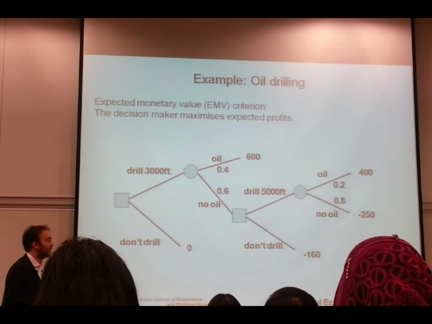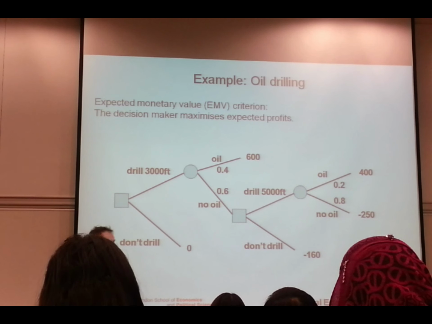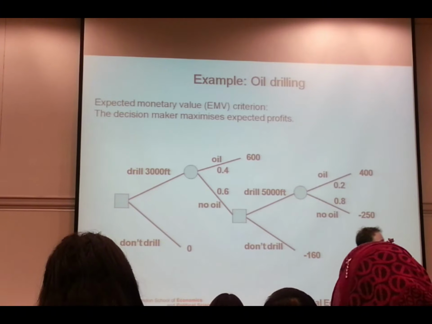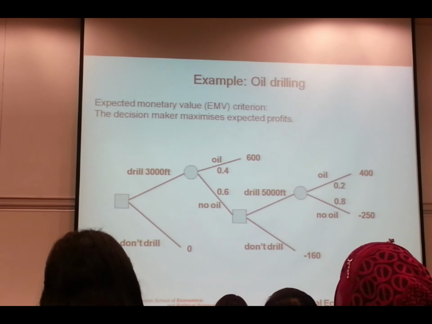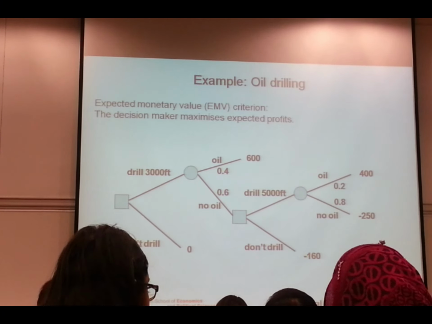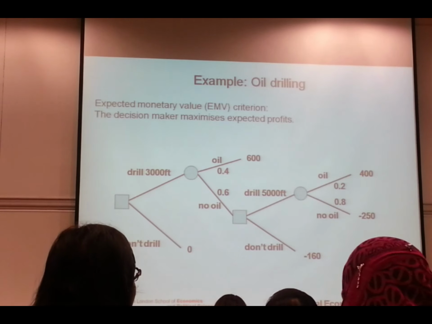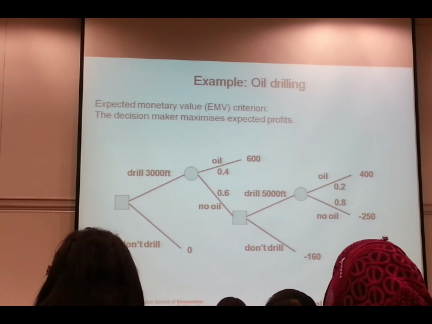And that random event is, do I strike oil or do I not? If I strike oil, again, it's over. So the decision structure is over. This happens with a 40% likelihood, and I'm going to make profits of 600,000.